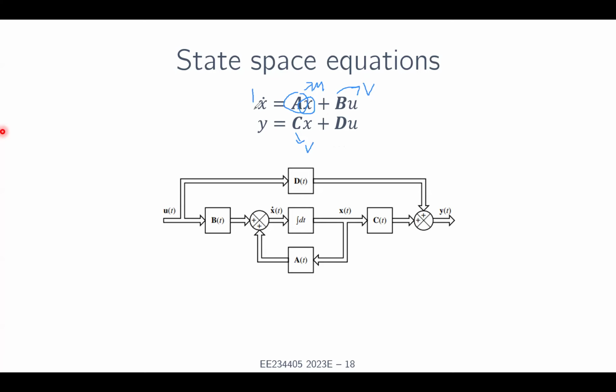X is the state. So often people focus on this equation only for some systems, because this equation dictates how the state evolves, and if we put a control algorithm, it would change U, right?